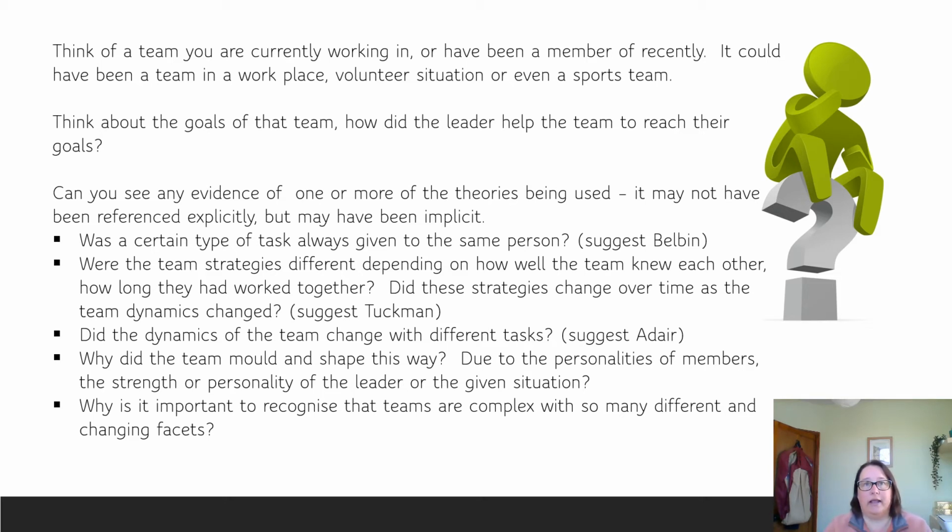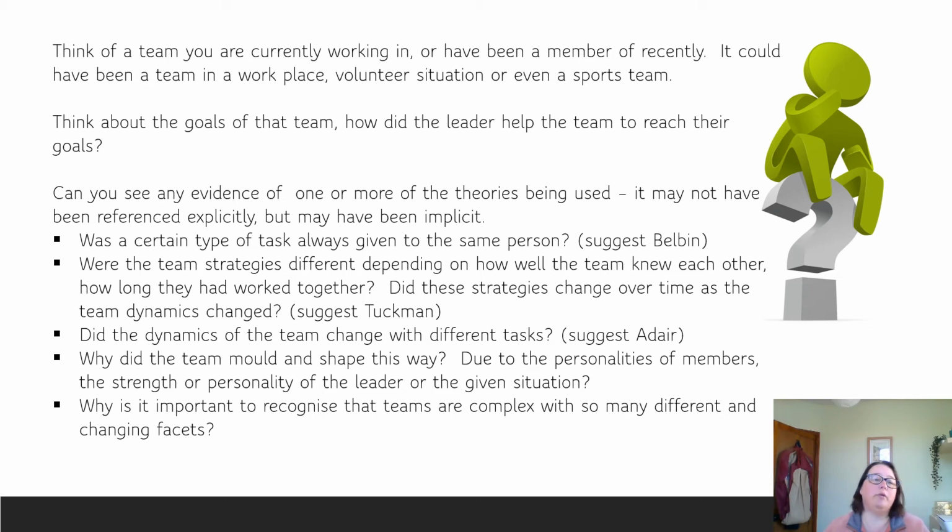First thing to do, I think, is to start thinking about the goals of the team. Identify what the goal was, and it's much easier to see how the leader was helping people achieve that goal. Once you've got those identified in your head, you need to be looking at things such as, was a certain type of task always given to the same person? Did you always ask one person to go and do some research?